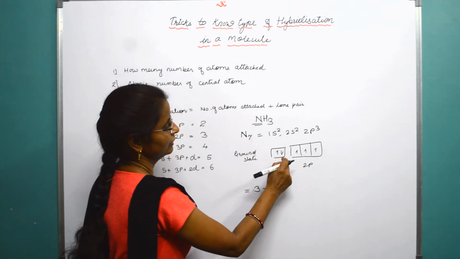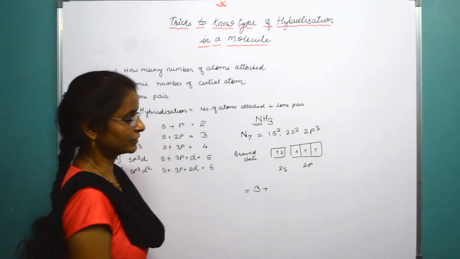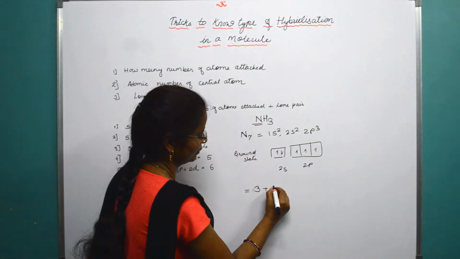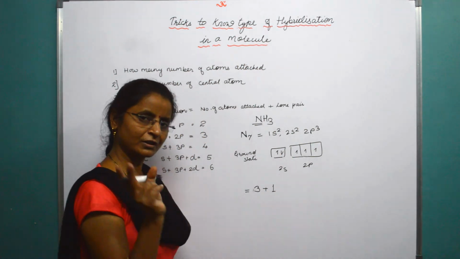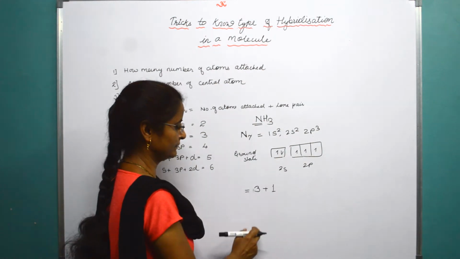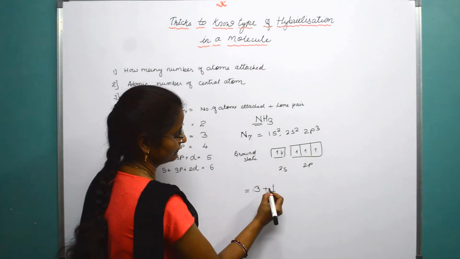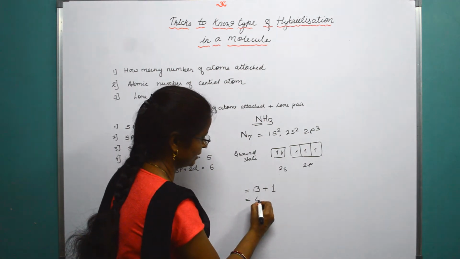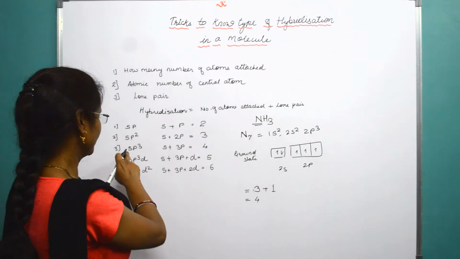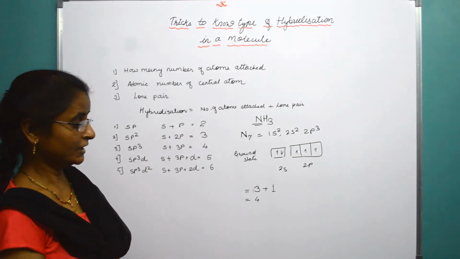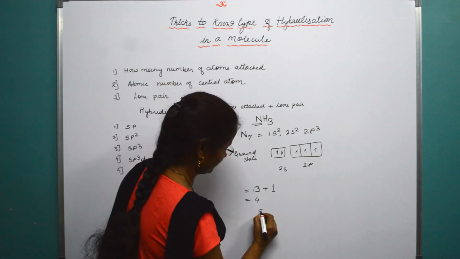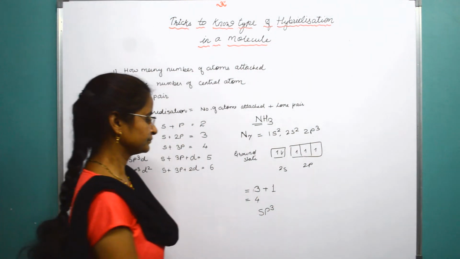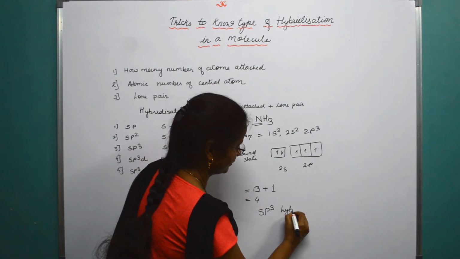Now in 2s, 2 electrons are present, and this pair behaves as a lone pair. So 3 plus 1 equals 4, and 4 corresponds to sp3 hybridization. So in NH3 the hybridization present is sp3.